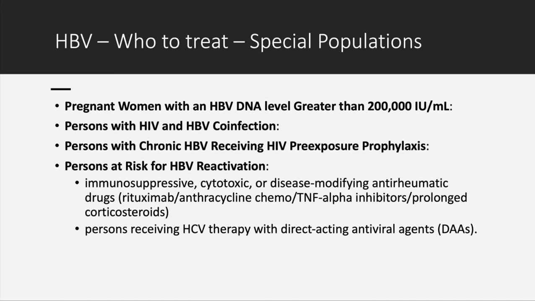And what else? Emtricitabine. So in your HIV treatments, is your nucleoside-nucleotide backbone typically composed of tenofovir and emtricitabine? If it doesn't include those, does it often include lamivudine? Sure. So in most cases, we're treating.